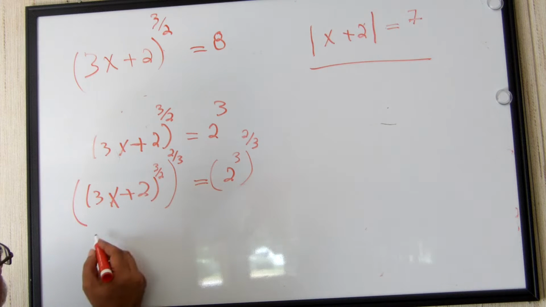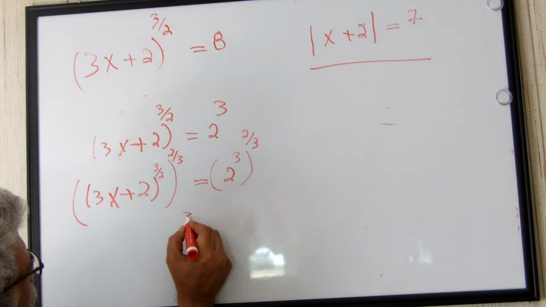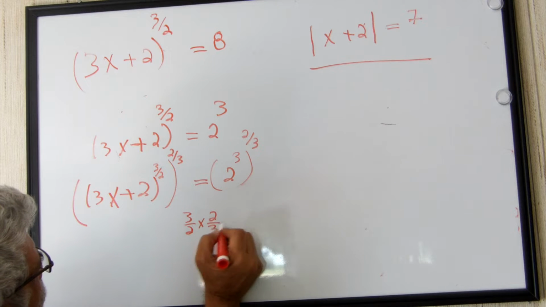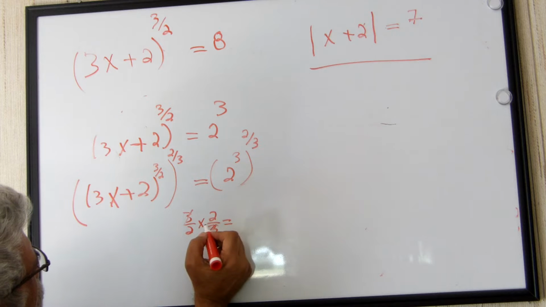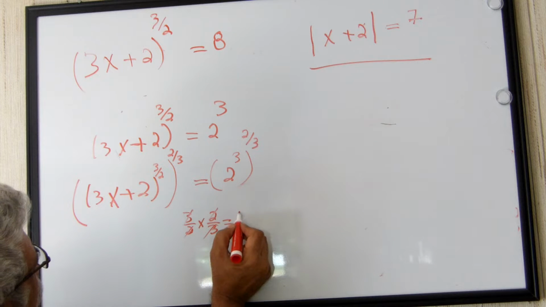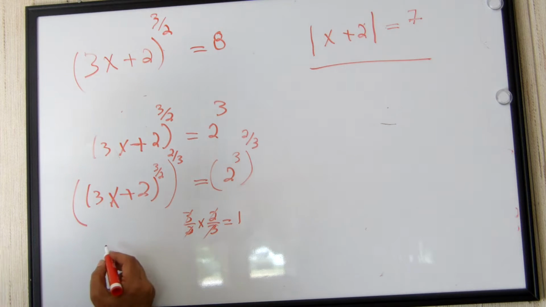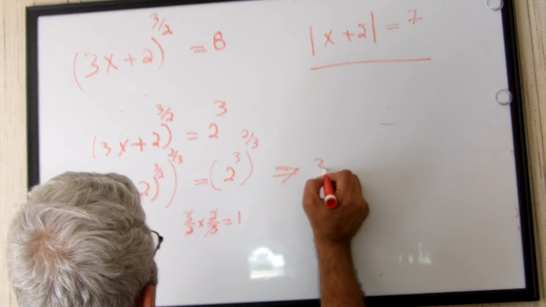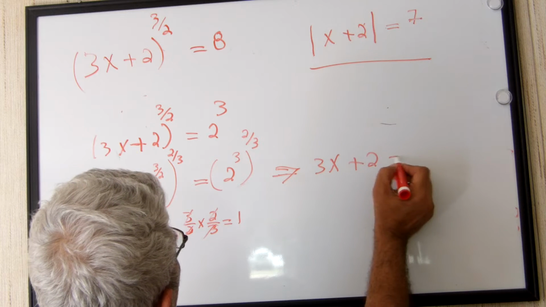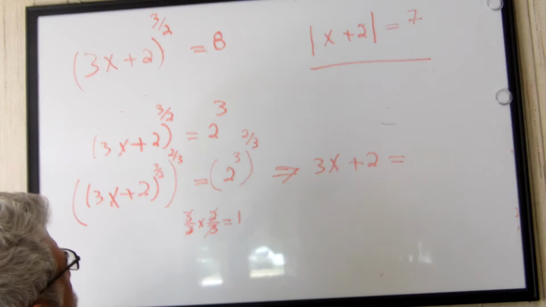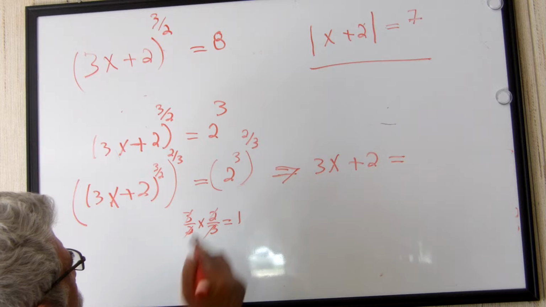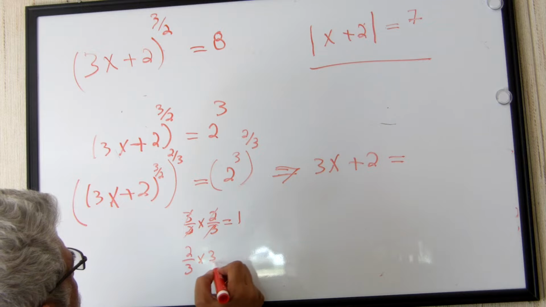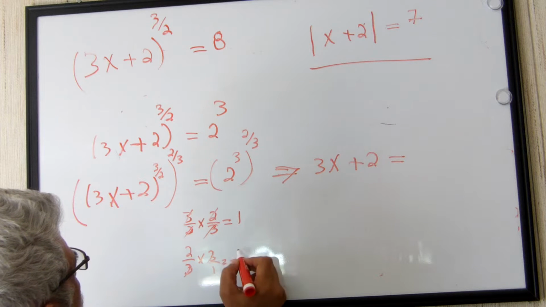What's going to happen when you have something like this? The exponents are going to multiply by each other. 3 and 3 cancel out, 2 is going to be 1, so it's going to be 3x plus 2, equal to this one. The same thing happens for this one. 2/3 times 3, this cancels out, 2.